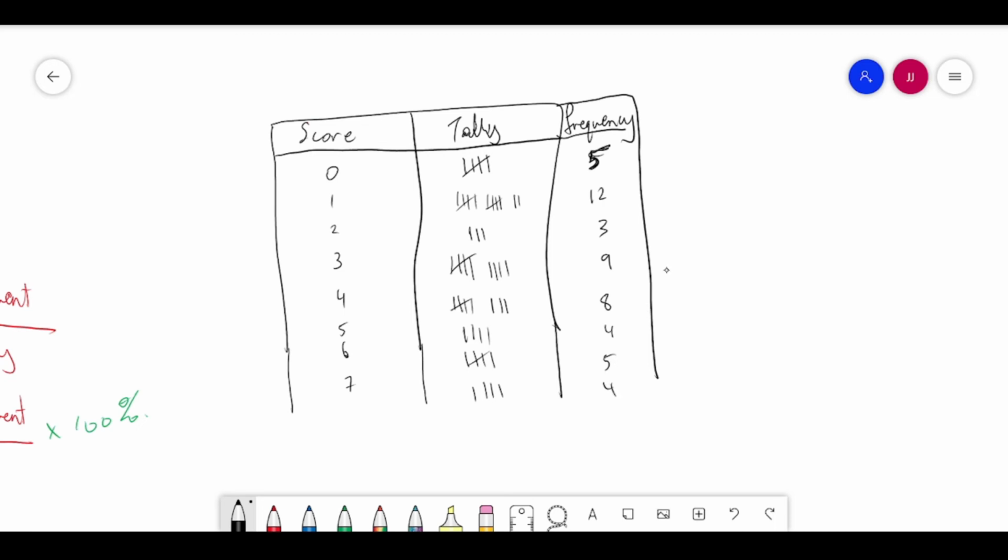So let's say a question asks us to find the frequency of score, let's say in this case 5.